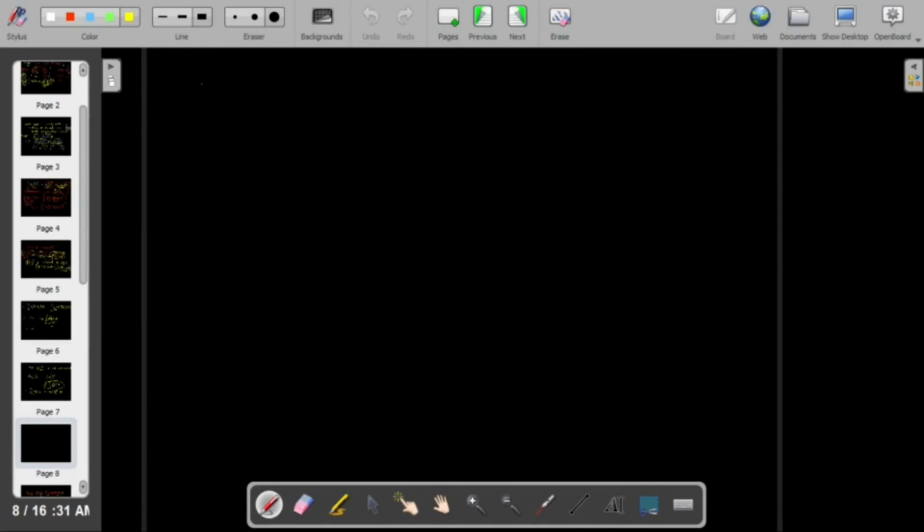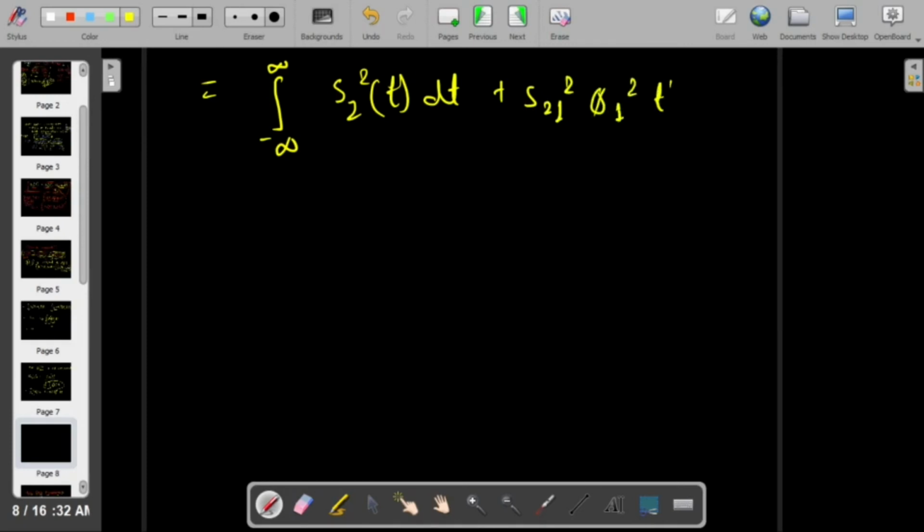We know how to solve this: it's a square plus b square minus 2ab. So I am just writing quickly to save time: S21 square phi 1 square t dt, and minus 2 S21 S2(t) phi 1(t) dt.